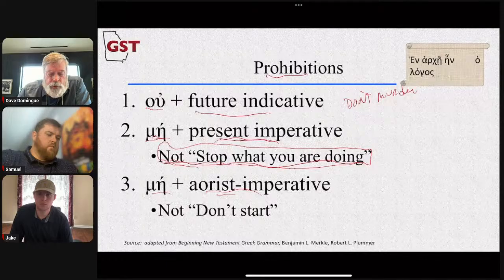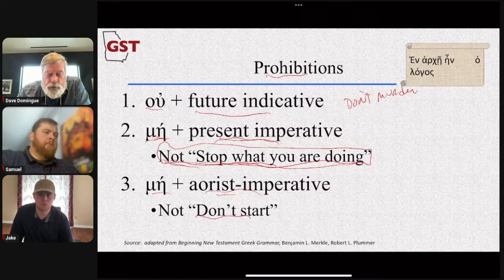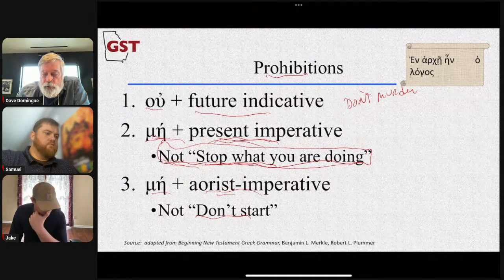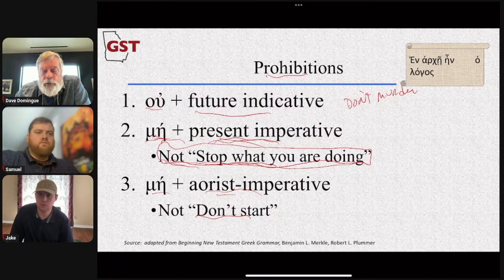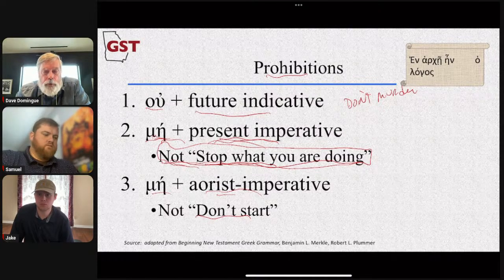And so it does not mean stop what you're doing, nor does the aorist refer to don't start it. Mē plus the present imperative doesn't imply that you're already doing it. If you are doing it, stop it, but it doesn't imply that you're already doing it. That's the point they're trying to bring out here.